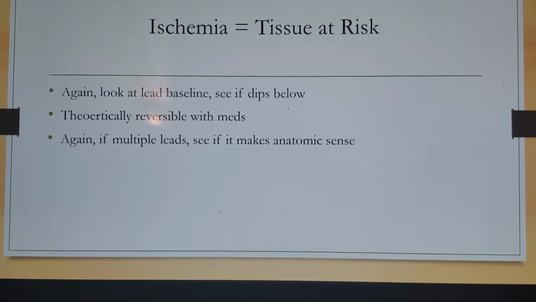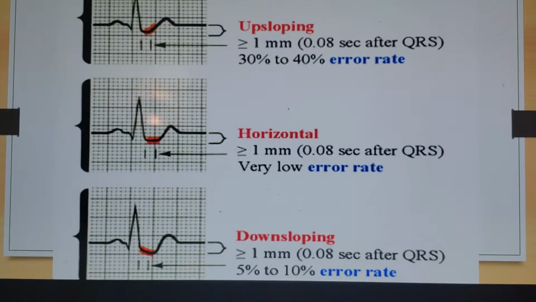So if you see ST elevation in every single lead, you need to consider something else might be going on, like pericarditis or something along those lines. Same thing with ischemia. Typically your whole entire heart isn't ischemic. You'll just see certain segments. So again, if you see it in multiple leads, see if that makes anatomic sense.